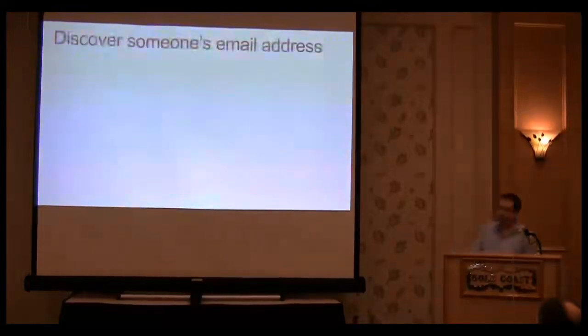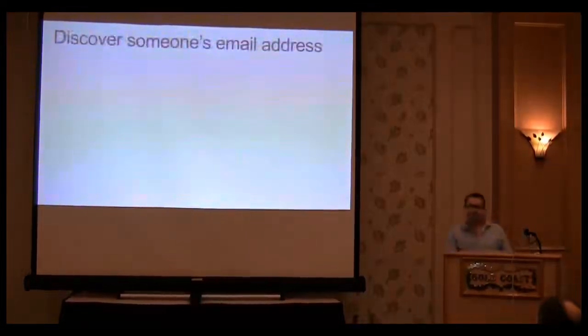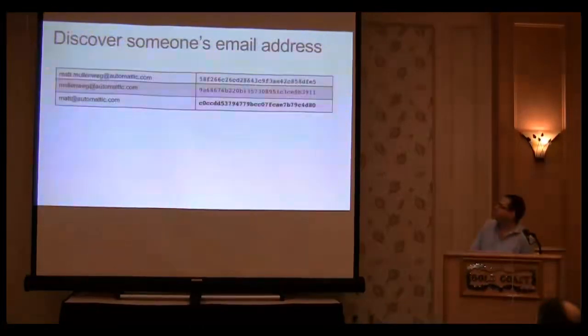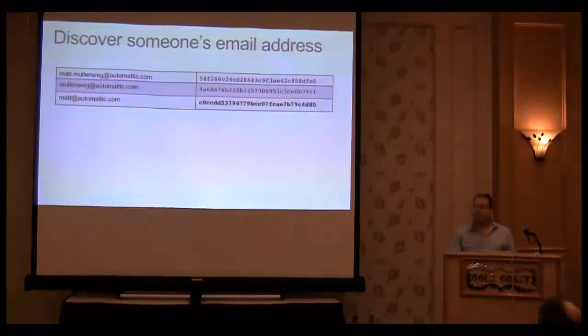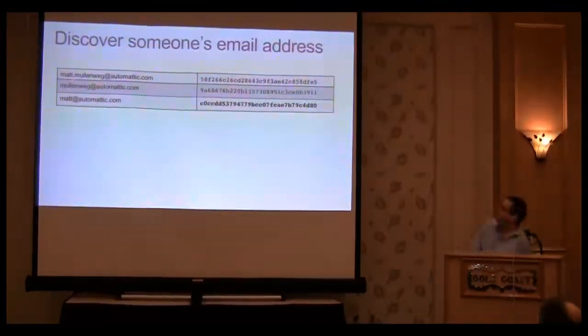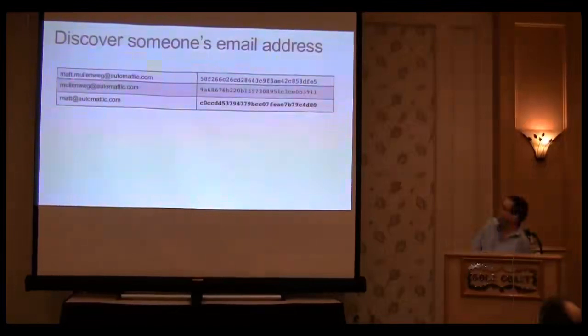That's already not that good. What else can I do? I can try to guess someone's email address. Matt Mullenweg basically invented Gravatars. What could his email address be? I have a few ideas. It could be matt.mullenweg@automattic.com, or mullenweg@automattic.com, matt@automattic.com, or other possibilities.